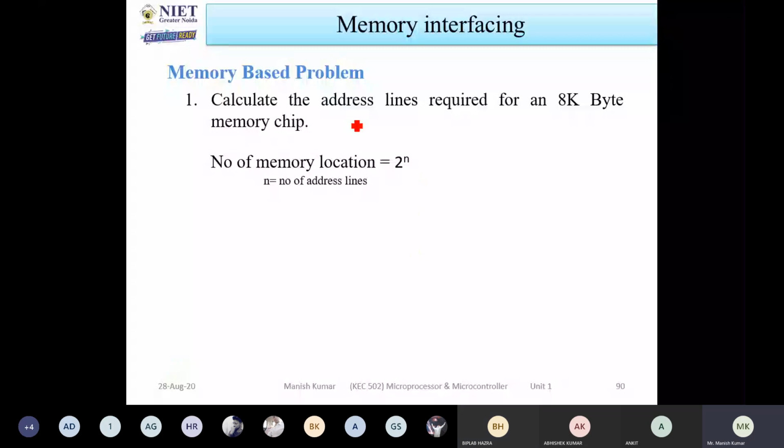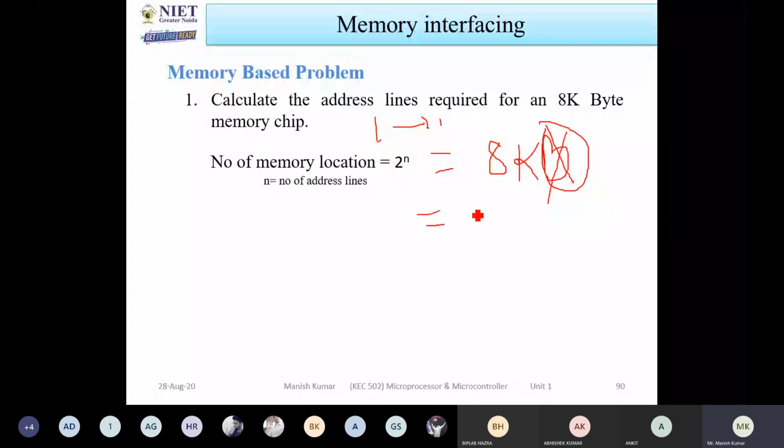See what I am telling, number of memory locations. So number of memory locations means size, correct? What is the size? Size is given as 8 kilobyte, correct? But you know that one memory location is having 1 byte, so you can remove this byte. Okay, so 2 to the power n equal to 8k.